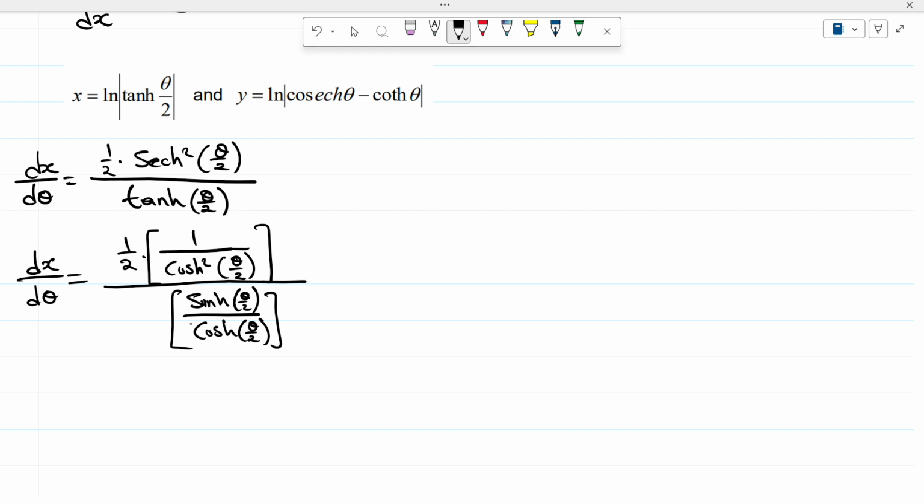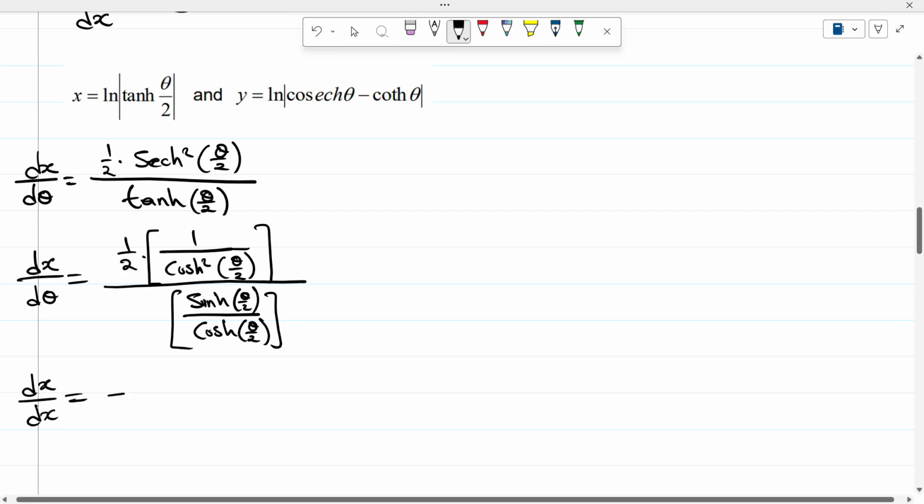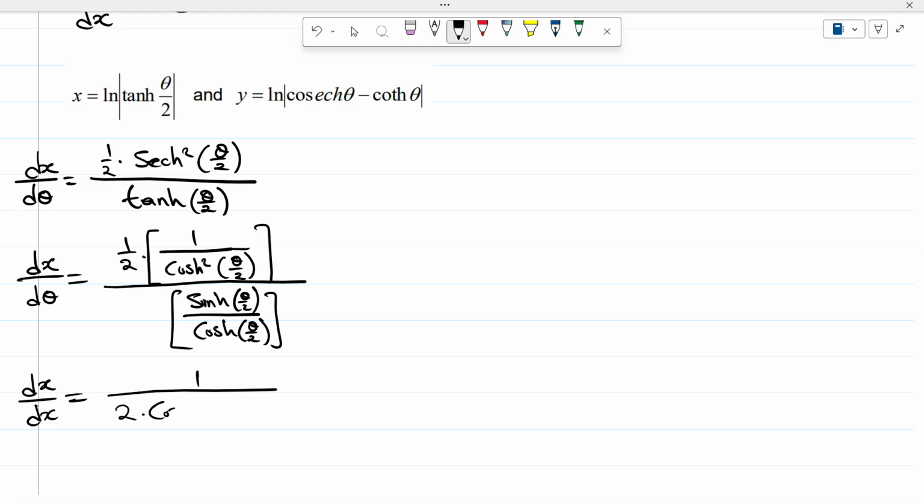So at the end of the day, one cos here will chop one hyperbolic cos there, and this will end up looking like dx/dtheta will just be 1 over 2, and then we'll be left with 1 hyperbolic cos of theta over 2, and then the hyperbolic sine will still be there, hyperbolic sine of theta over 2.